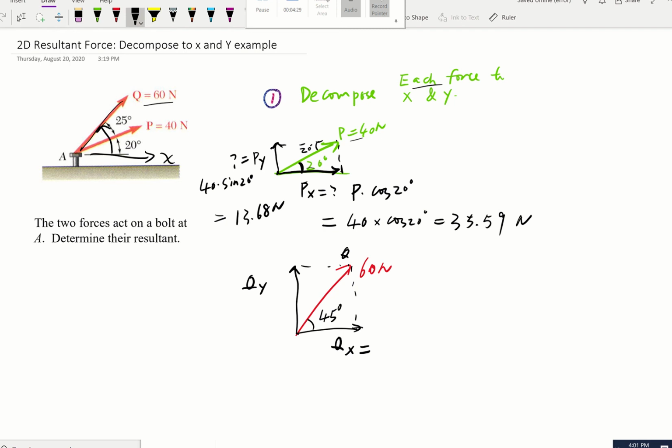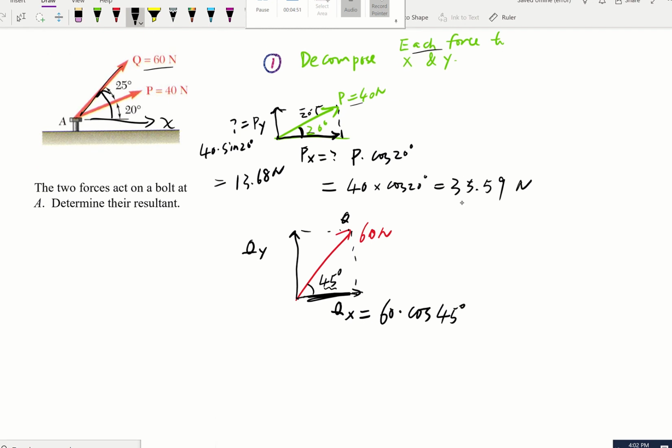So in that situation, Qx is going to be 60 Newton times, you tell me, cosine or sine? That's right, cosine. Why? Because this angle is adjacent, so cosine 45 degrees.